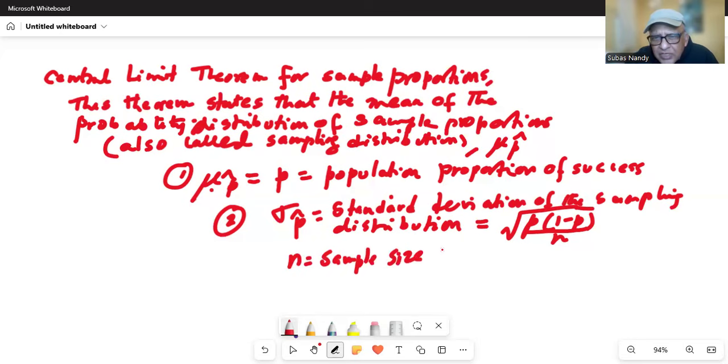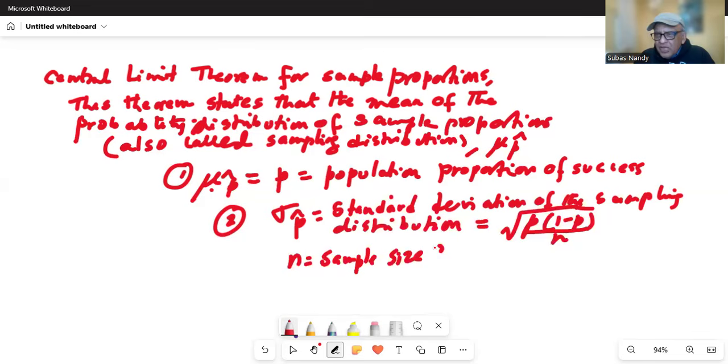Why do we work with sample size? Why do we work with sampling distribution of proportion? Because it's very difficult to reach the entire population. Suppose in a college of 10,000 students, the population size is 10,000. I want to find out what proportion p of students have laptop computers.